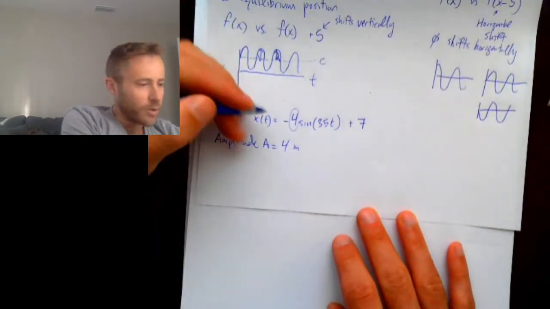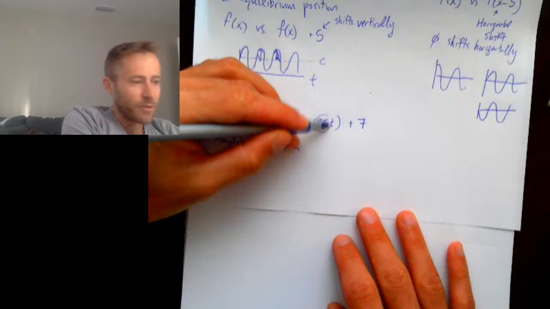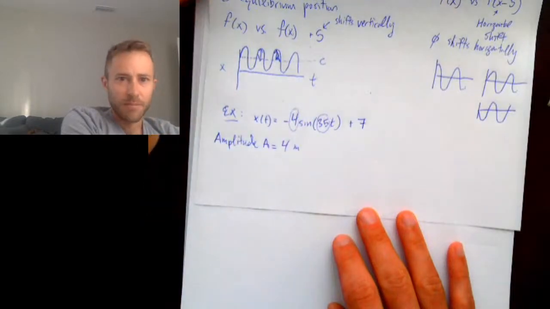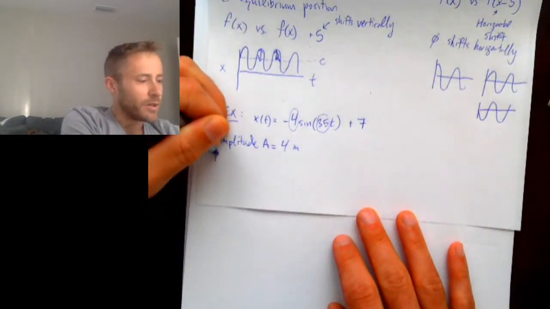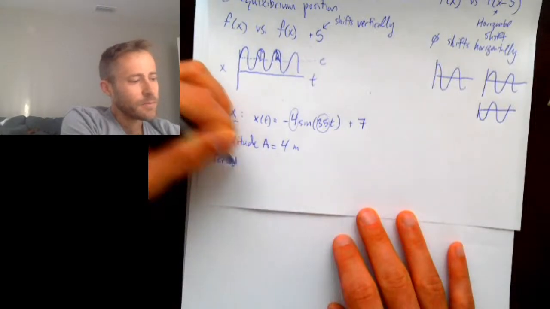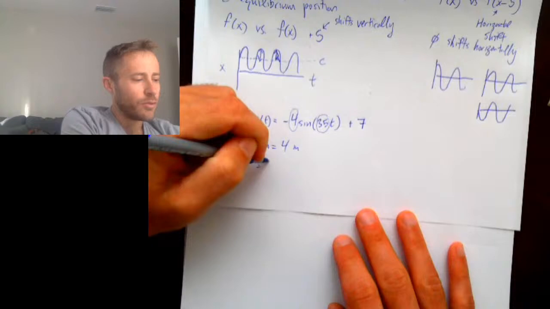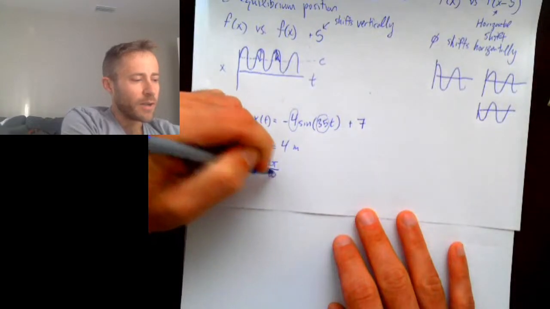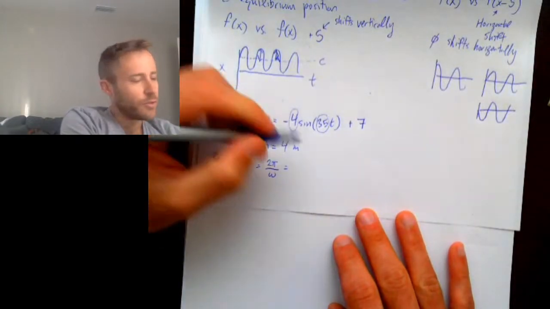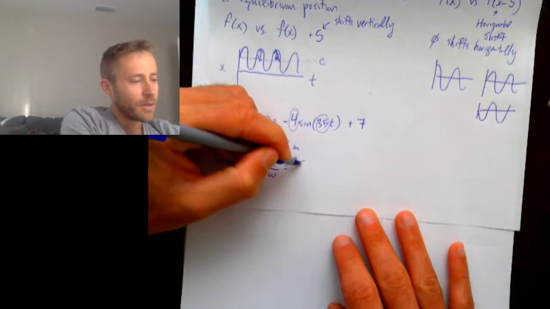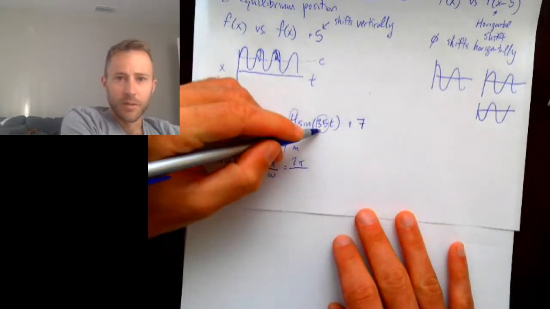So if we look at this, we can see that 35 is multiplying the time. So the period T is 2 pi over omega, which is going to be 2 pi over 35.